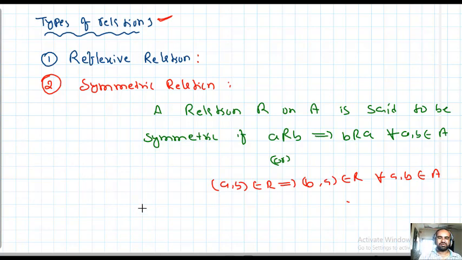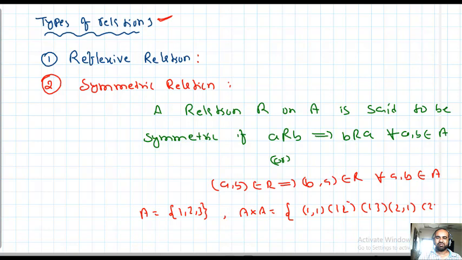For example, set A is given as {1, 2, 3}. Automatically A cross A will have 9 elements: (1,1), (1,2), (1,3), (2,1), (2,2), (2,3), (3,1), (3,2), (3,3).